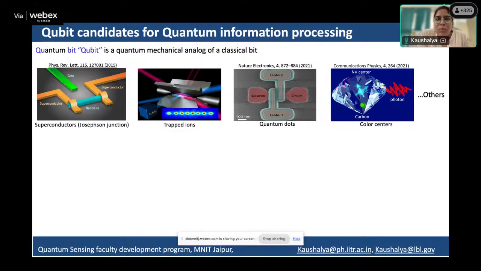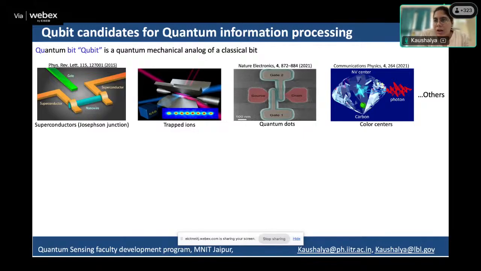And now, if you talk about how people have been realizing that experimentally, there are a bunch of platforms. One of the most mature technologies is where we use superconducting materials and make various types of oscillators out of them. The most mature platform within this technology is the transmon qubits.